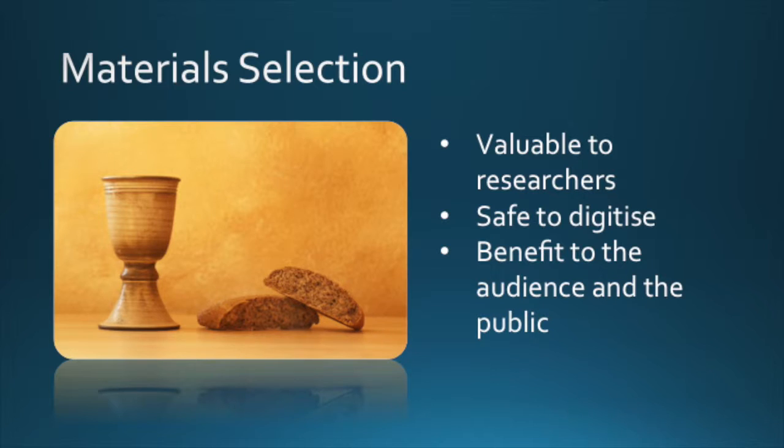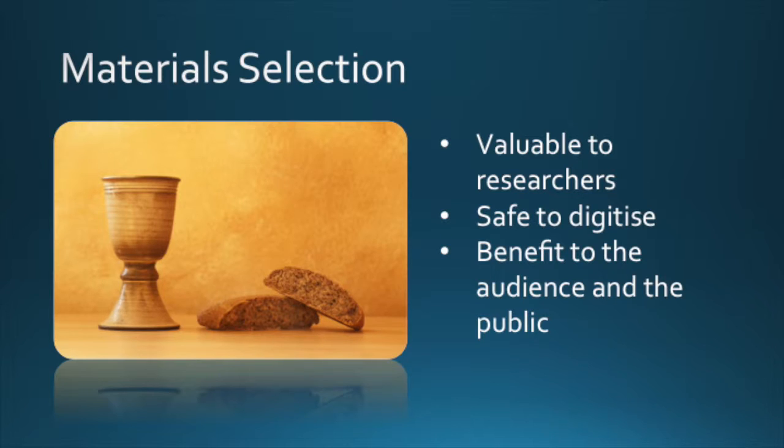Obviously, there's practical considerations as well. Access, preservation and research we talked about at the beginning. Can these materials be digitised safely? We need to ask questions like, have we got something that's unique within our collections? Is it regularly requested? Is it at risk from being handled, for example?